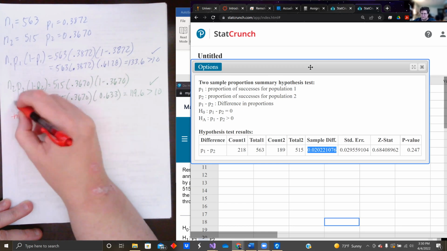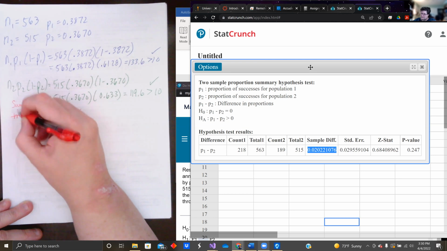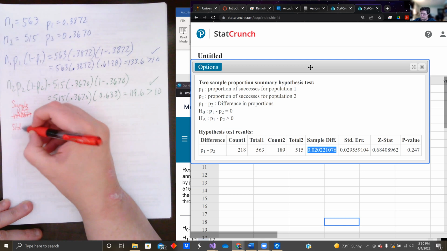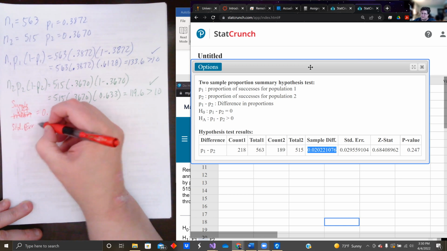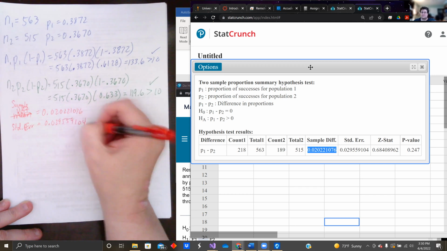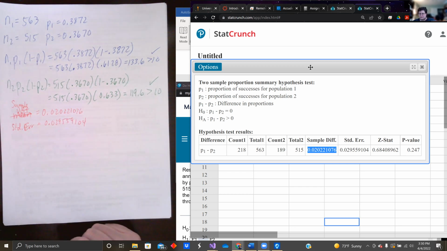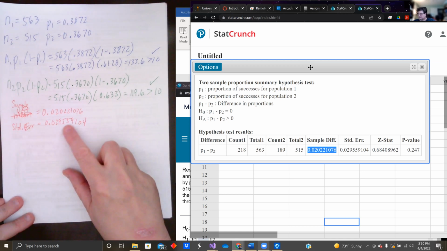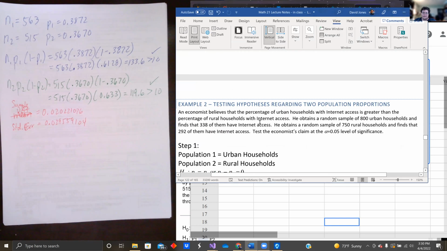Well, that's a sample difference. I'm going to put that. And standard error is usually the deviation. All right, let's come over here and do that.